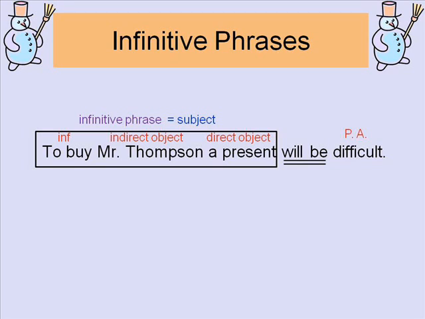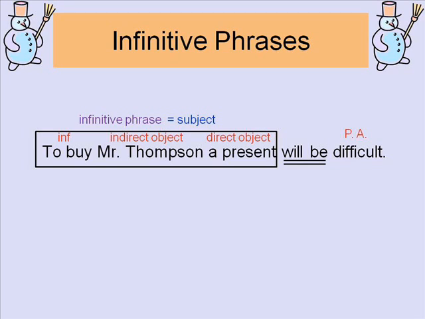That whole phrase is serving as the subject. Because it begins with an infinitive, to buy, that infinitive phrase is the subject. You'll notice, just like with gerund phrases, we can have complements or modifiers within it. For example, the direct object is a present.